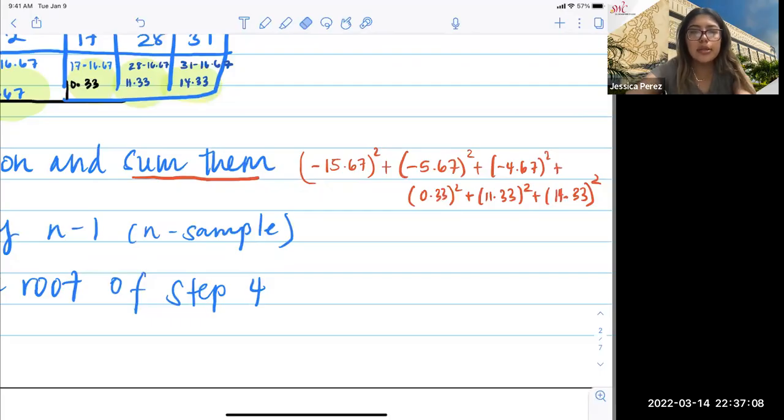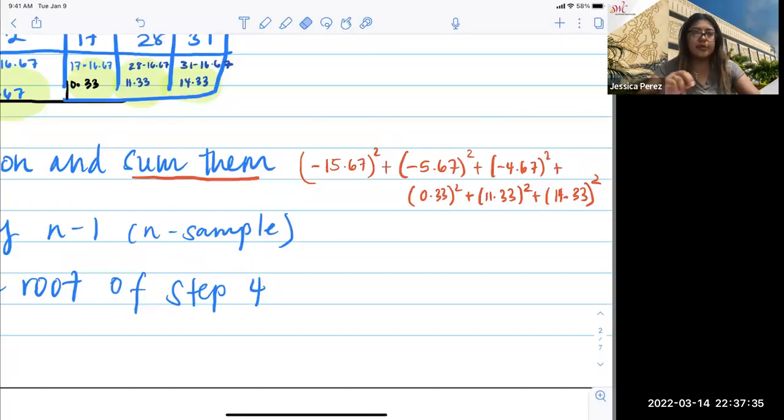And then plus 0.33 squared. So there, and then plus 11.33 squared. And then plus 14.33 squared.